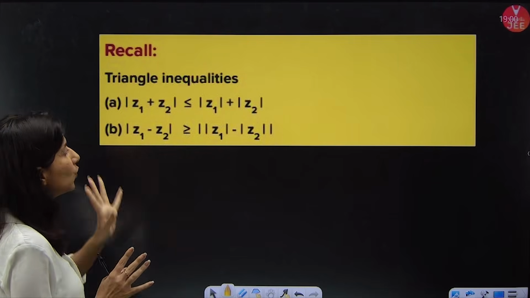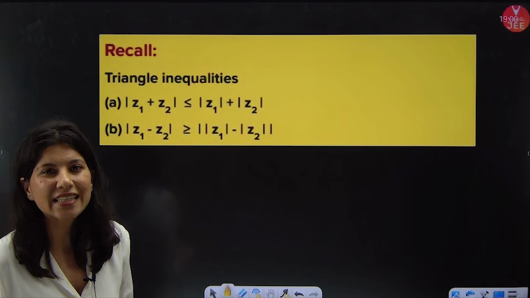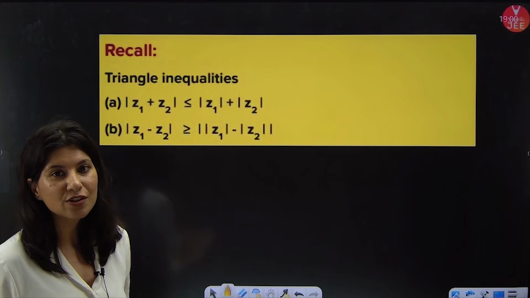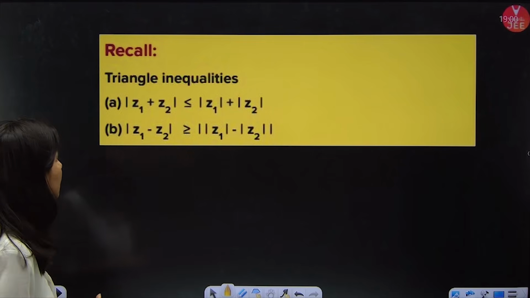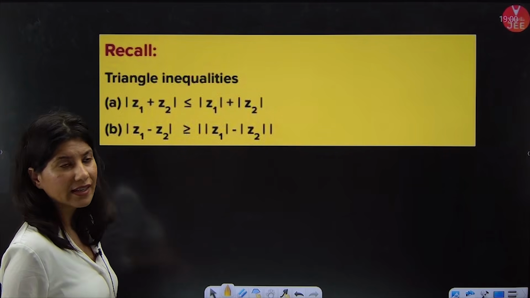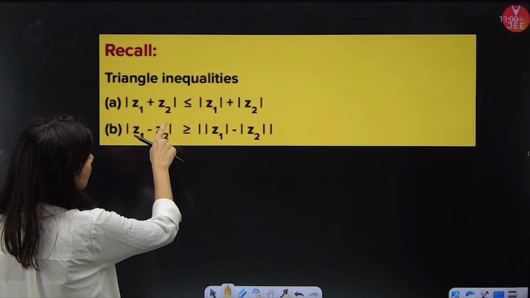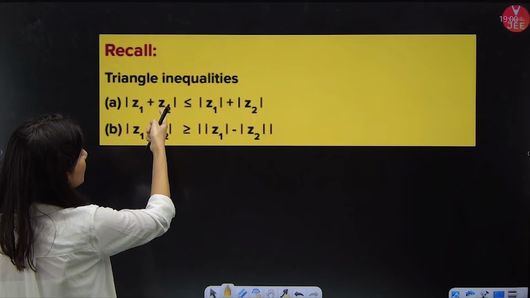Okay. So there are two triangle inequalities. Again, triangle inequality is what? Sum of two sides is greater than or equal to third side. Difference of two sides is greater than or equal to difference of two sides, right?